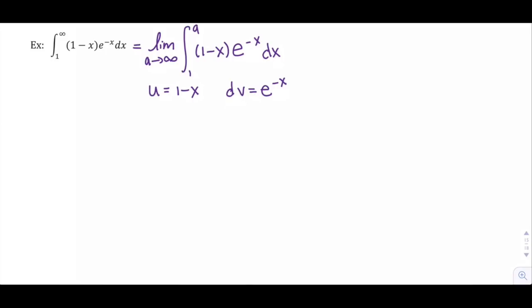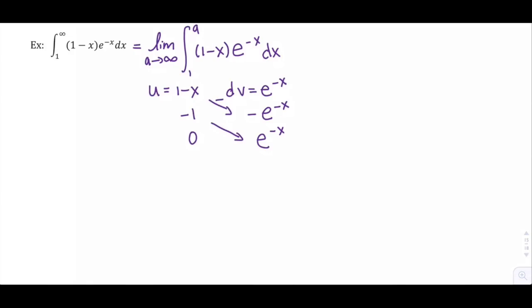Let's organize our work here using the tabular method. If we take the derivatives here, the derivative of 1 minus x is negative 1, and the derivative of that is 0. The integral of e to the negative x would be negative e to the negative x, and if we integrate again, we get e to the negative x. Now let's organize our work here.